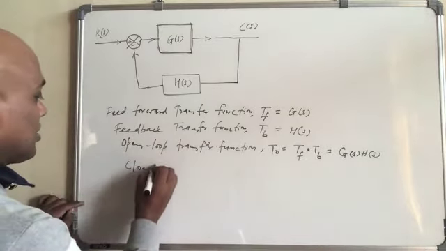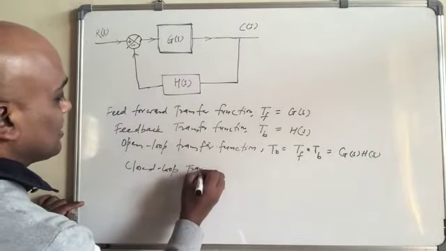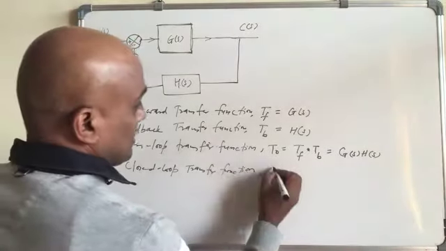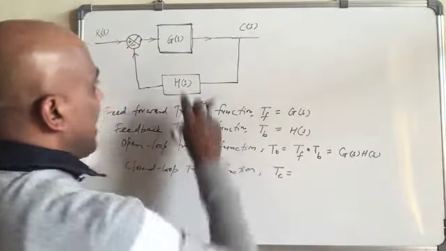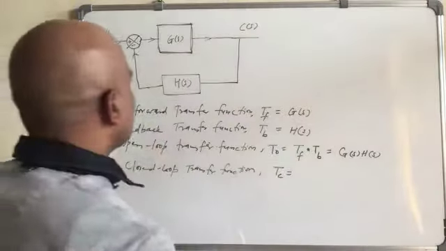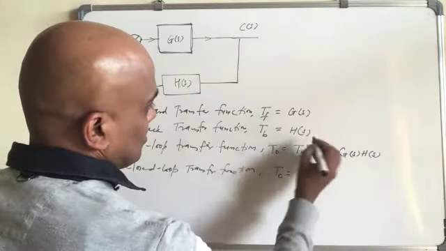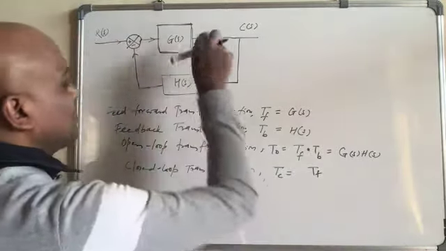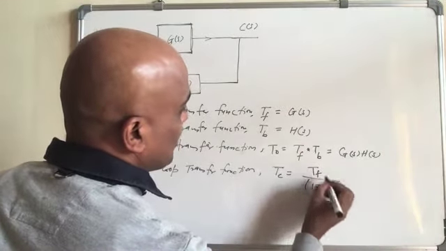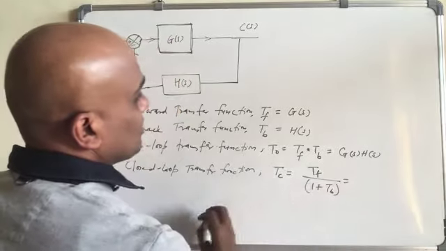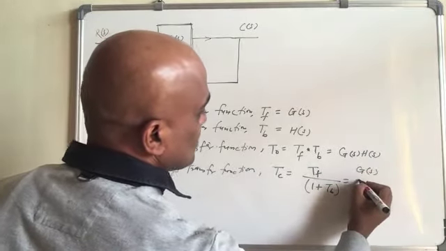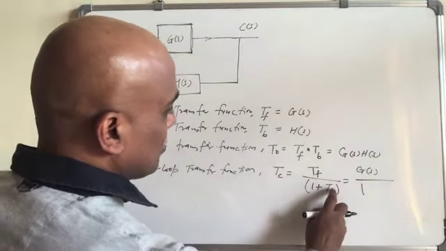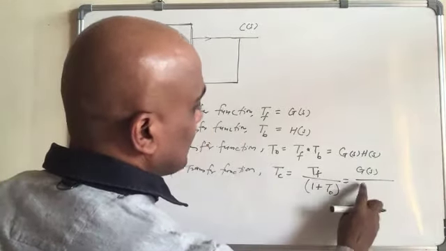And the closed loop transfer function, let's call it TC, you can either do the loop analysis like earlier, or simply write TF, the feed forward transfer function, divided by 1 plus TO, not TB, but TO, the open loop.